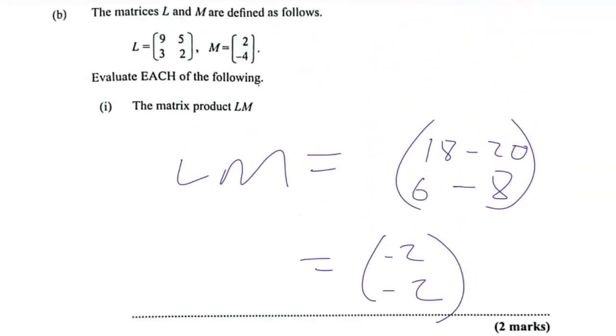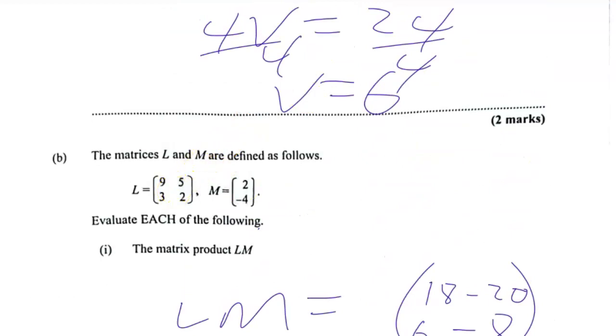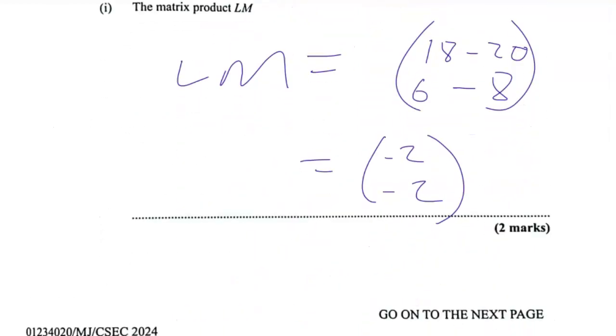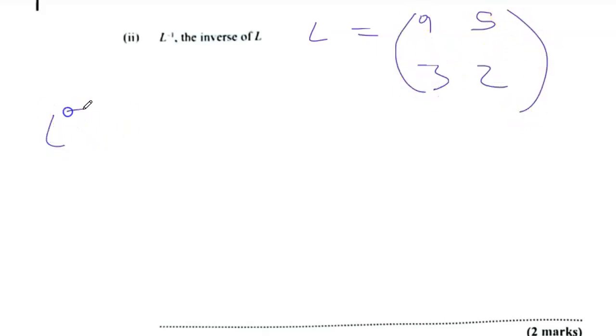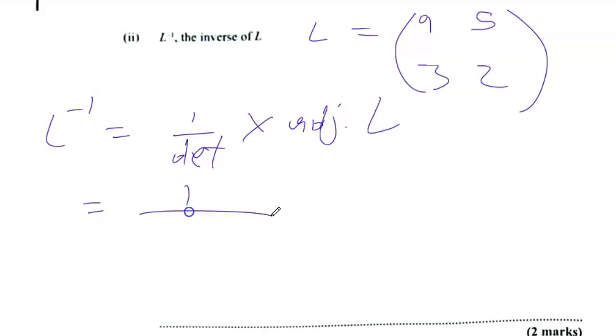L inverse, the inverse of L. Now L, what was L again? L was 9 5 3 2. So the L inverse is 1 over the determinant of L times the adjoint of L. So it's 1 over the determinant, the cross multiply and subtract.